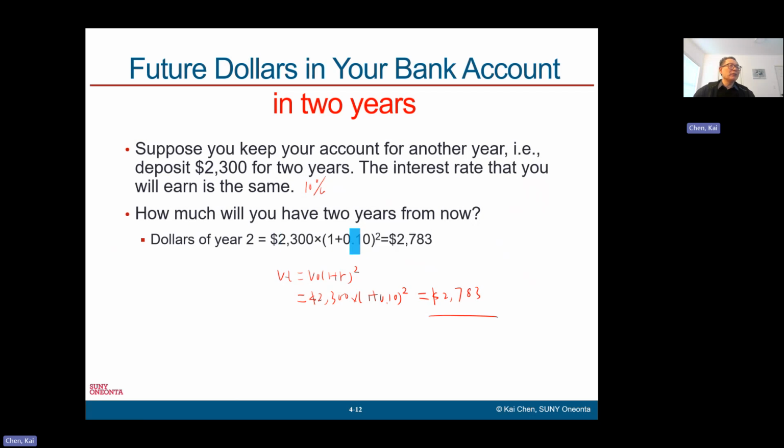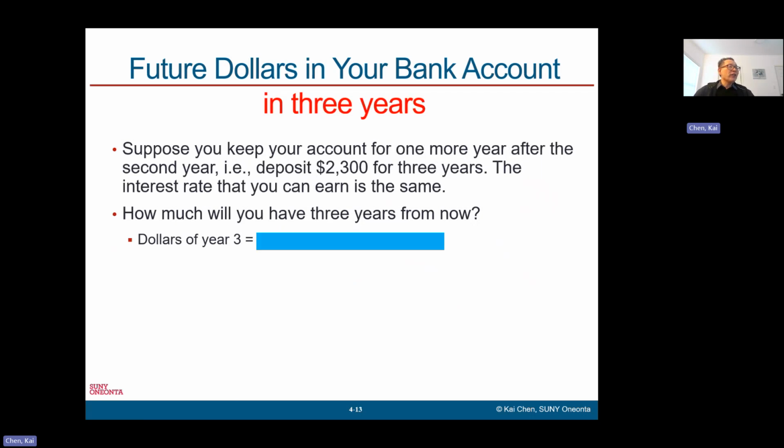We can do the same thing for the 3-year investment. Now for the 3-year investment, of course, the question is the same. The background is the same. Now you're going to hold your bank account for 3 years, and the interest rate that you can earn is the same. That is 10%.